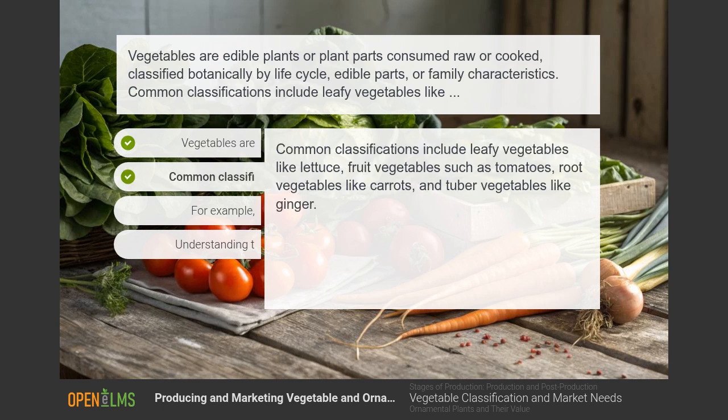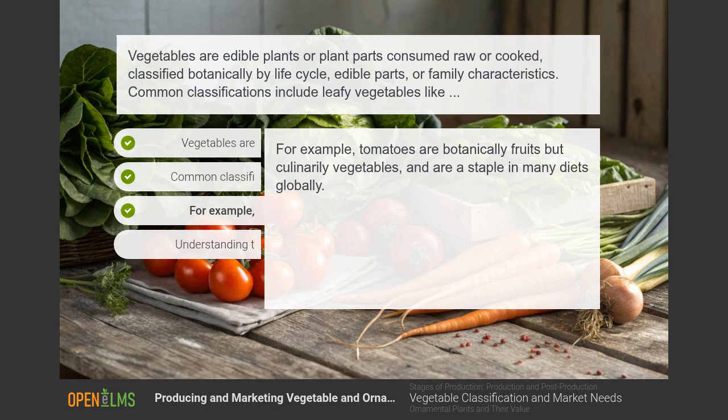Common classifications include leafy vegetables like lettuce, fruit vegetables such as tomatoes, root vegetables like carrots, and tuber vegetables like ginger. For example, tomatoes are botanically fruits but culinarily vegetables and are a staple in many diets globally.